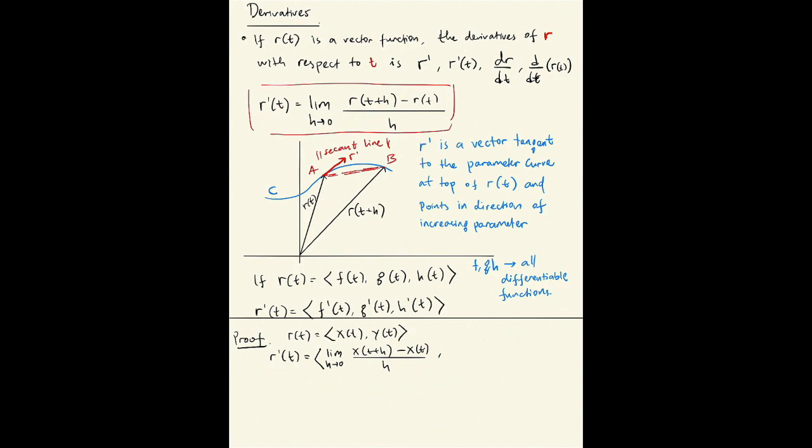or let me combine with y. Okay. So plus y of t plus h. So this is i plus j, let me make it longer, and minus.